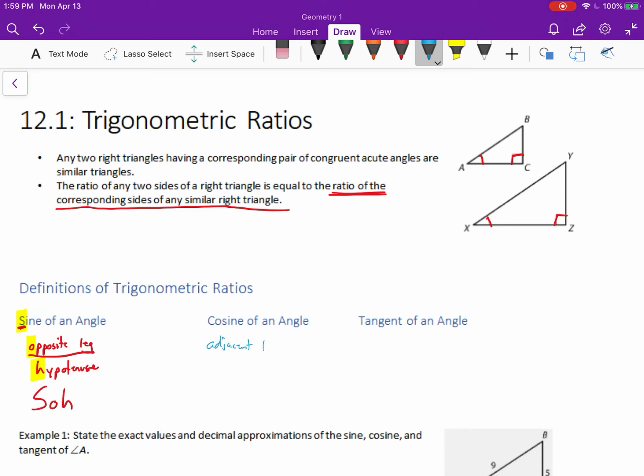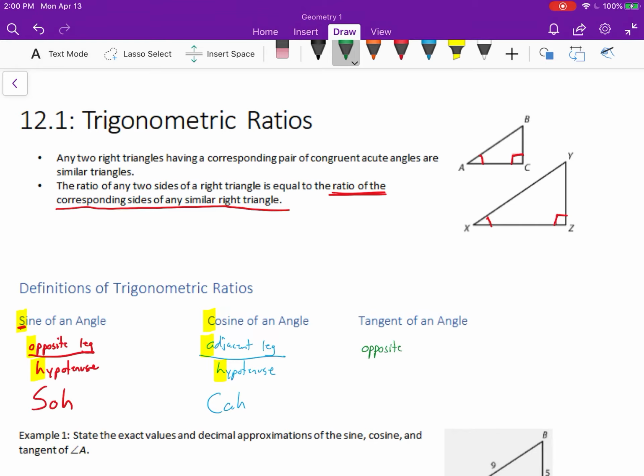Cosine, that's the adjacent leg over the hypotenuse. And that was C, A, H, so CAH.